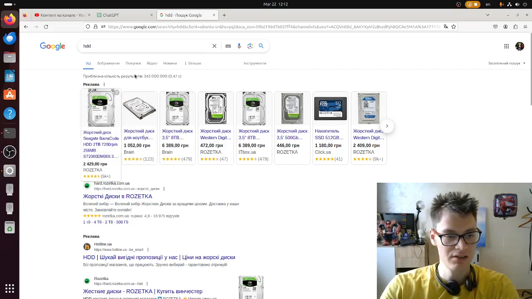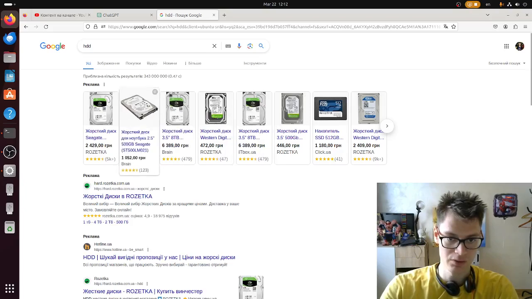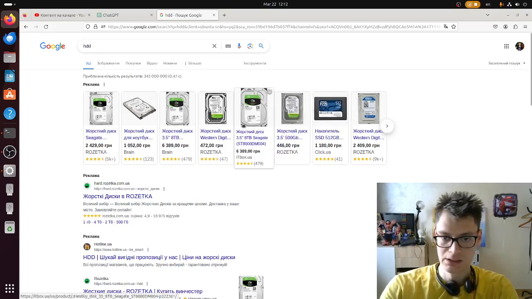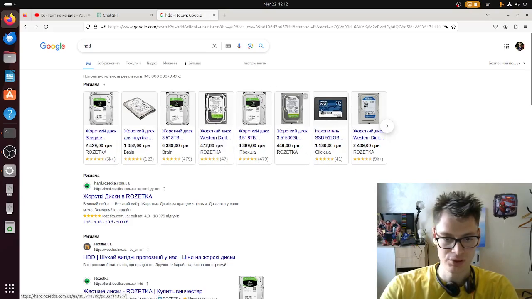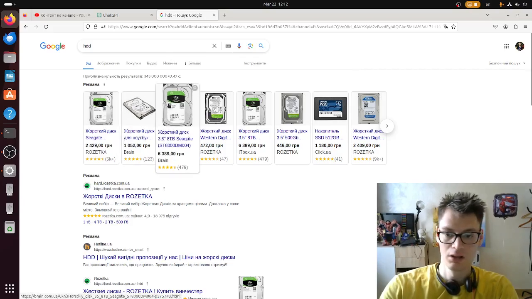In some cases, in HDD and other variants, I think the mechanism of storing that information, which is one or zero, is pretty different. But they all have one connection, for example USB.